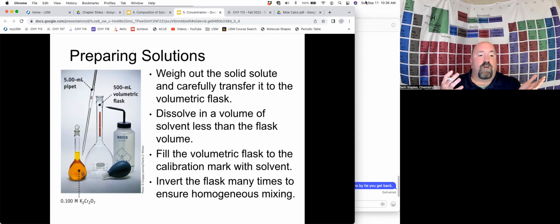Think of Dr. Woodruff, who works in our biochem lab. He always needs various buffers of a certain concentration, and so he has to be able to know how much of the solute he actually needs in that volume in order to make that solution.